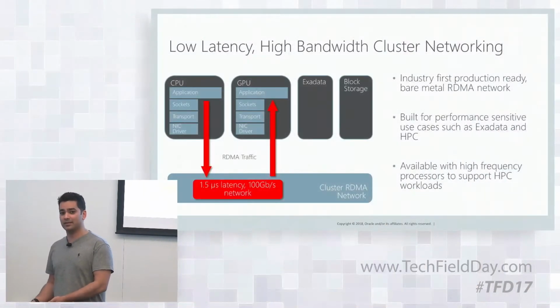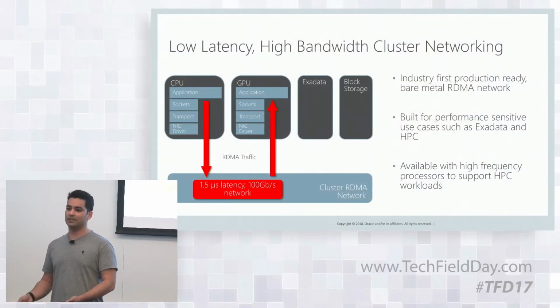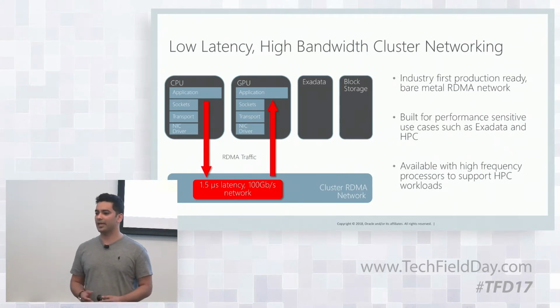So you can imagine a world where you have an Exadata and you have a bunch of GPU nodes and you have your databases on Exadata and you have lots and lots of data. Customers come to us and say, hey, I want to be able to extract more information out of my data. Can I run some AI models on it? Can I take that data?